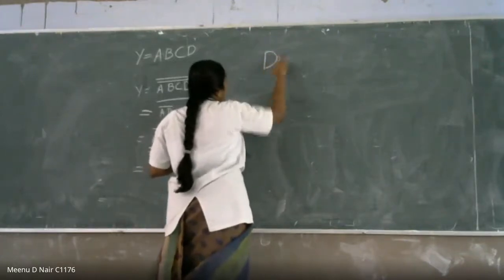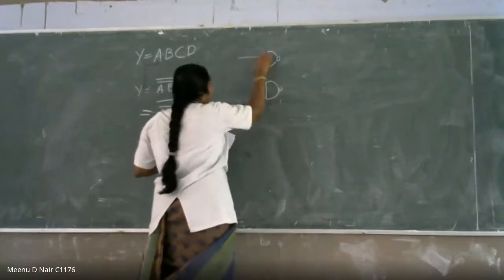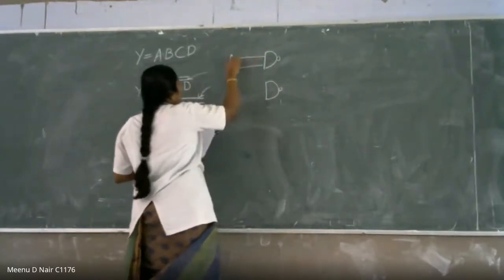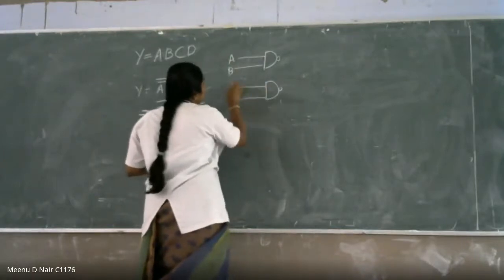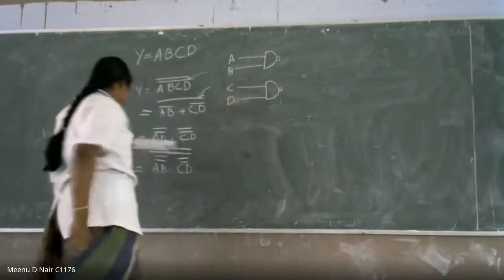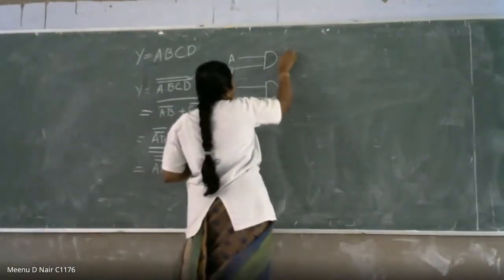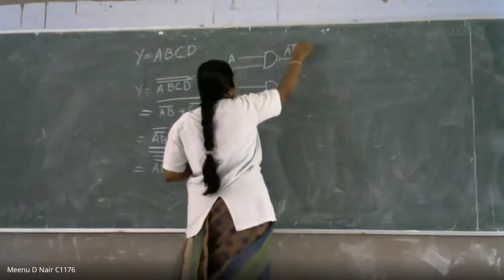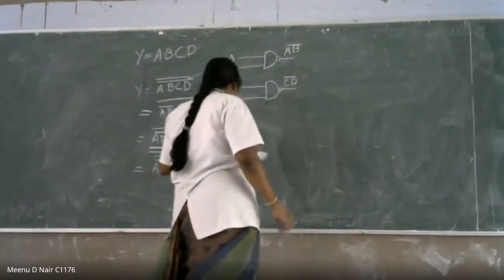This is one NAND gate and this is your second NAND gate. A, B is here, and C, D you are receiving here. So what is the output here? This is AB bar, and here it is CD bar.